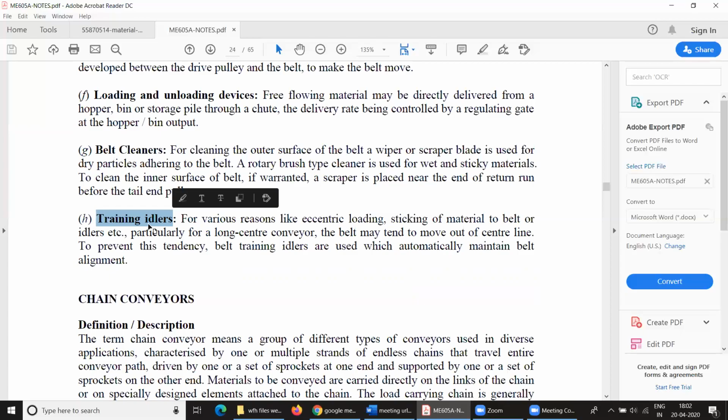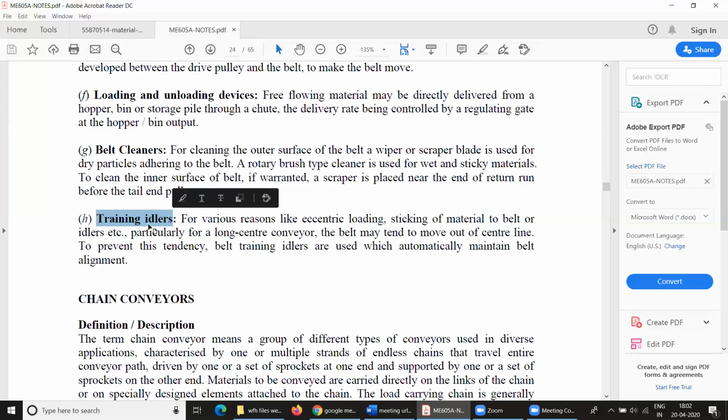Two short vertical rollers mounted on bearings are fixed at the two ends of the idler such that they are perpendicular to the belt edges. The vertical rollers are placed slightly ahead of the idler center line. When the belt shifts off center, it makes contact with one of the vertical rollers, which makes the entire idler frame swivel through an angle.